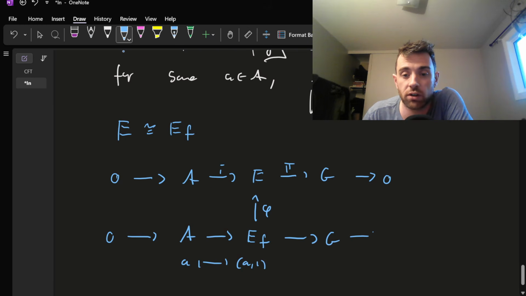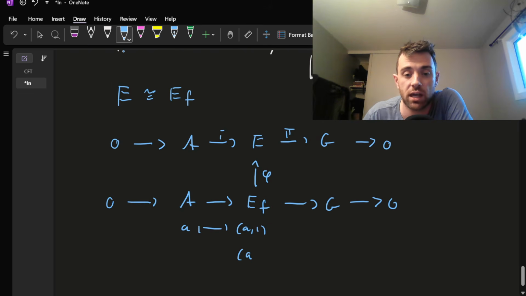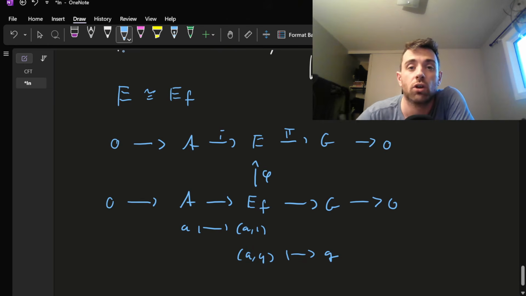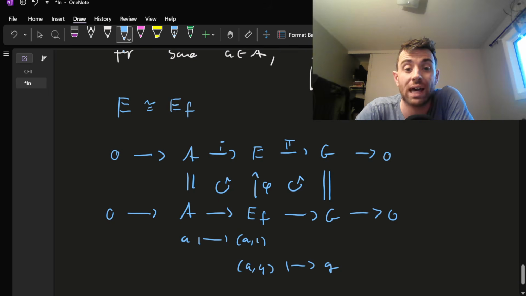And over here, I have the map that is going to send A, G to G. So this gives me a short exact sequence. And in fact, if I put equal signs here, I get commuting diagrams, which is to say I actually get an isomorphism of short exact sequences. So it's somehow an even stronger statement.